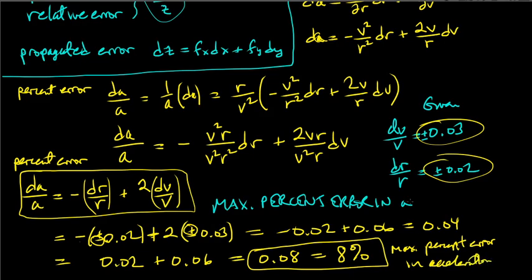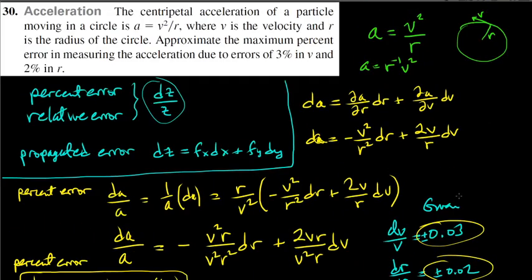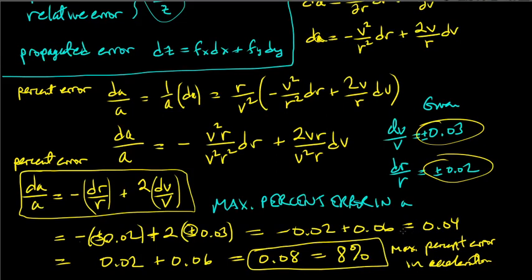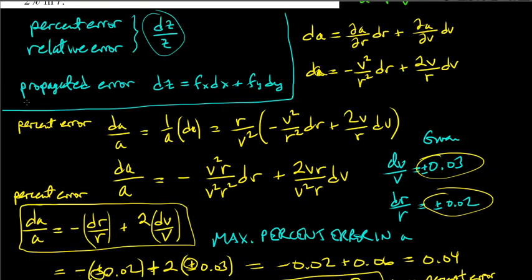Yep, so a 2% error in the radius and a 3% error in the velocity can cause up to an 8% error in the acceleration. And now you can see why this is called the propagated error. When you propagate, a small error in x and a small error in y could lead to a bigger error in z.